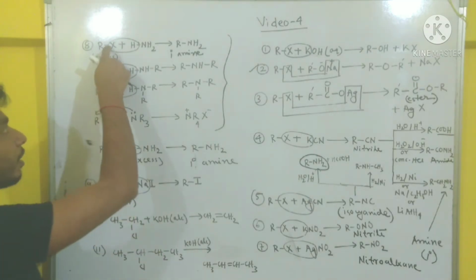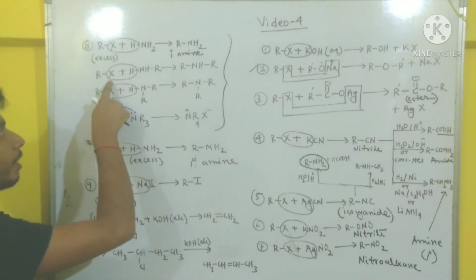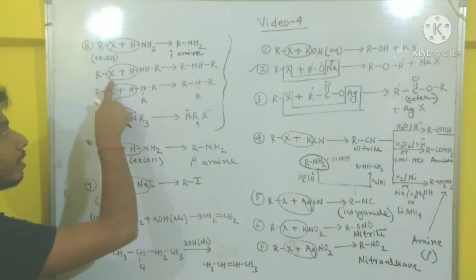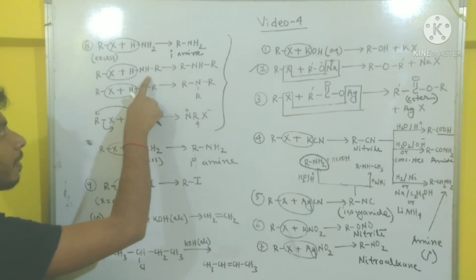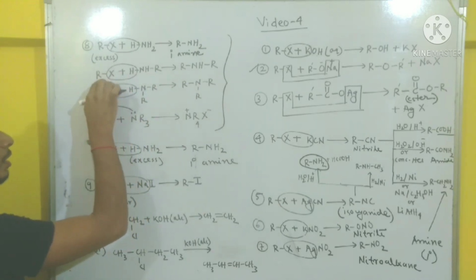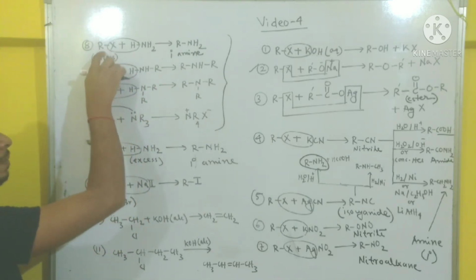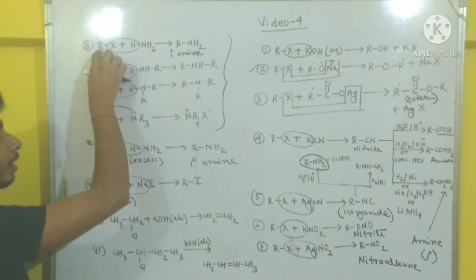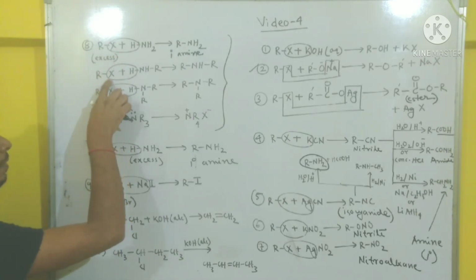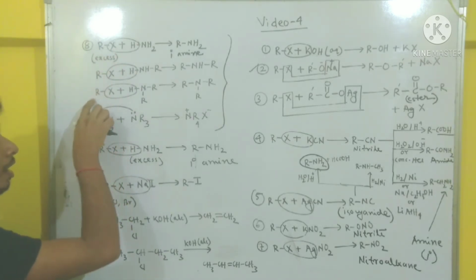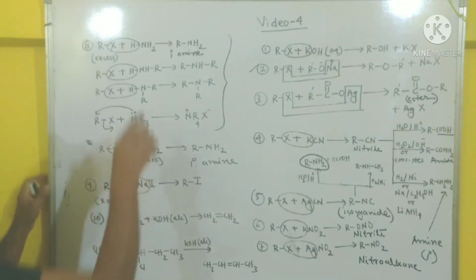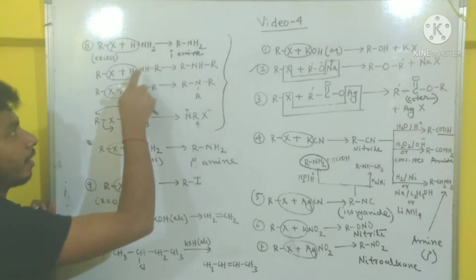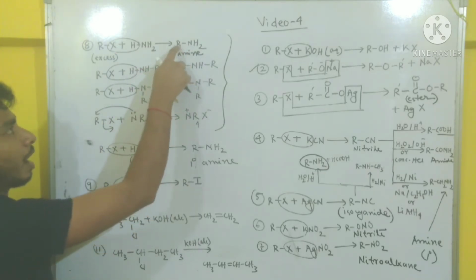The unreacted alkyl halide reacts in the second step with the product of the first step, and again in the third and fourth steps.